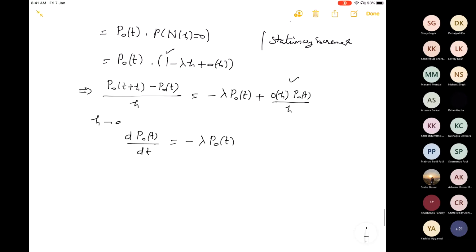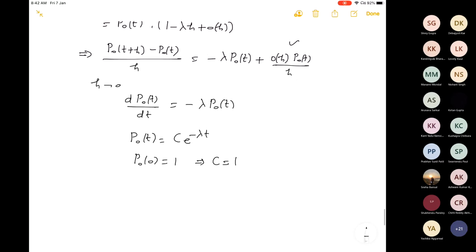So you know that for this differential equation, the solution is given by C e raised to power minus lambda t. Also we know that in an interval of length 0, 0 events occur with probability 1. So put t equal to 0 here, and this implies that C is equal to 1.